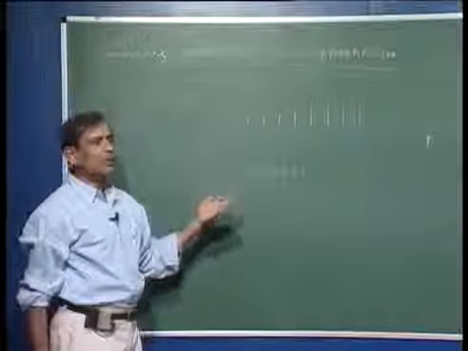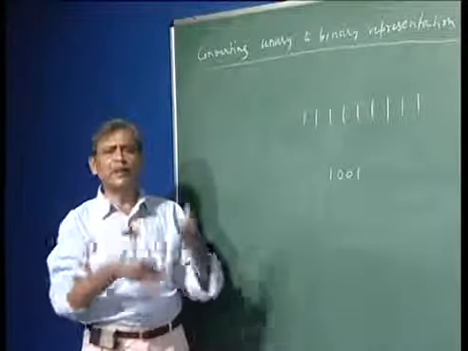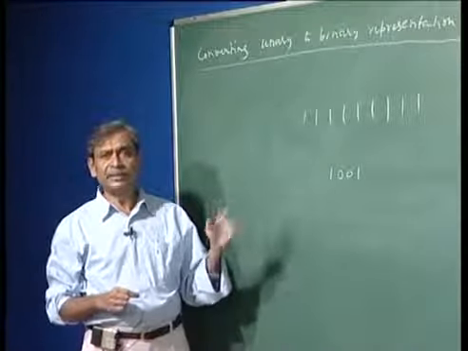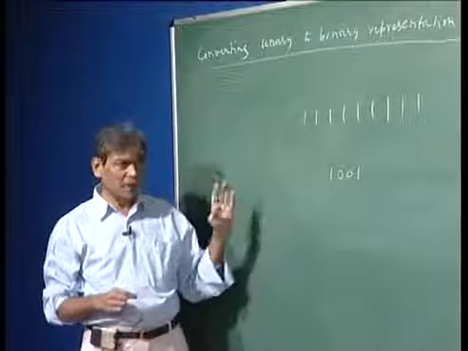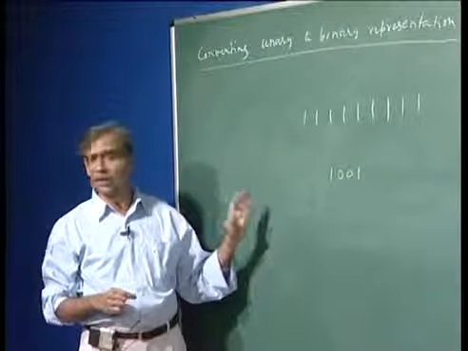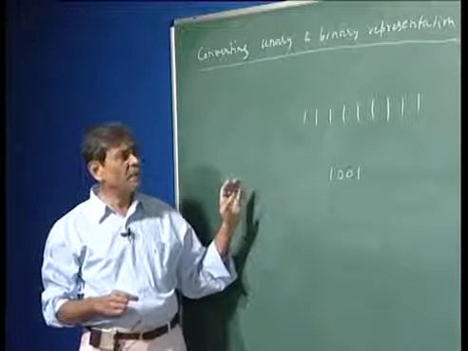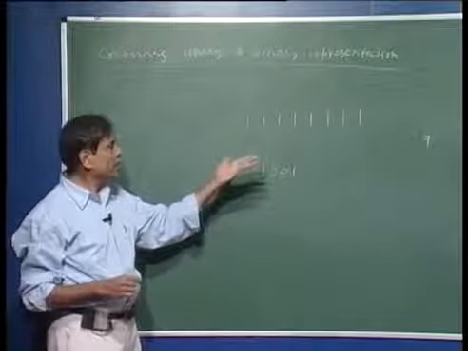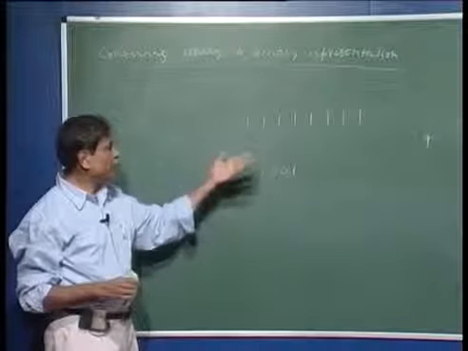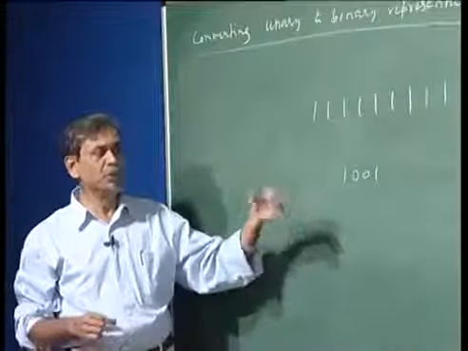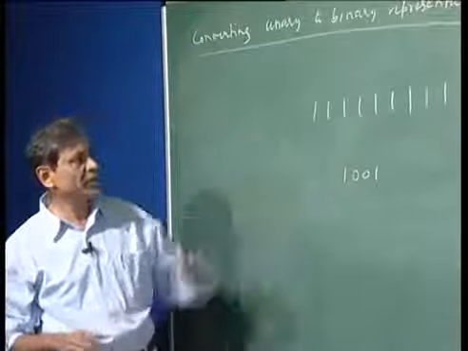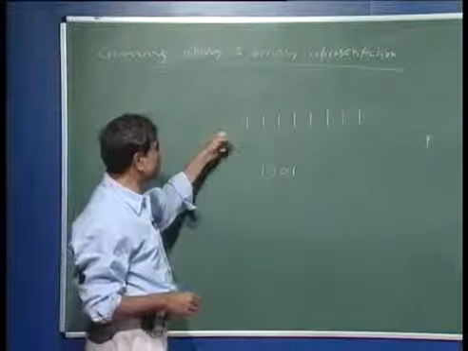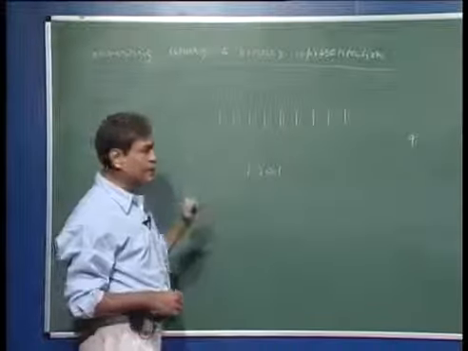What do we do? We successively keep dividing by 2, and if the remainder is 1, we know that is one more bit of the binary representation, and then we work with the result of the division by 2 for the rest. So, for this 9, if you divide it by 2, you will be left with remainder 1.